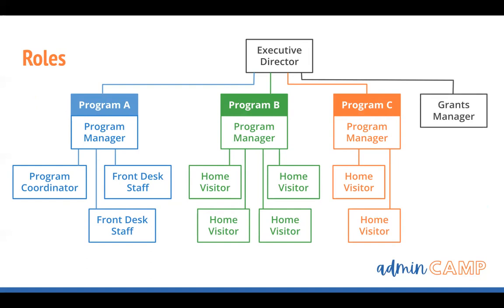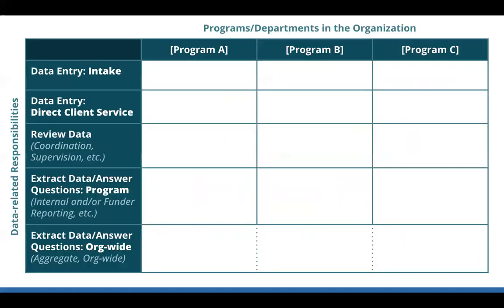Okay, great. So this org chart serves as a visual checklist of the roles which rely on Apricot. So next, think about the data-related duties which each role performs. What processes do they lead or participate in? We find that data-related responsibilities essentially boil down to 3 categories.